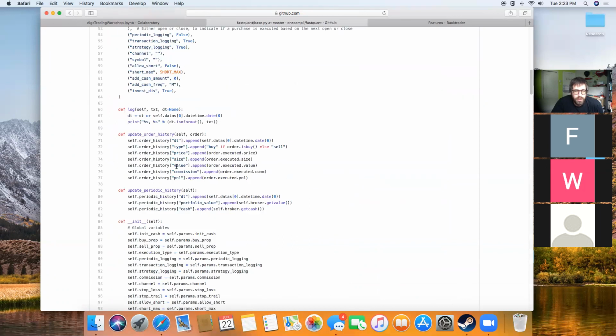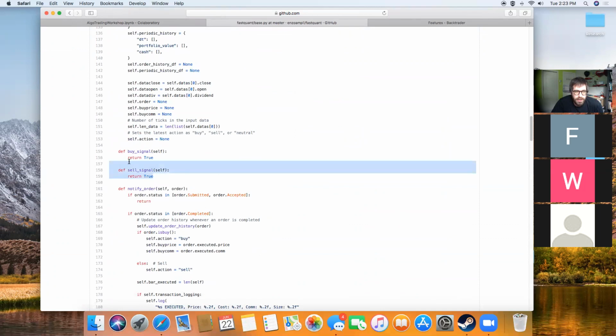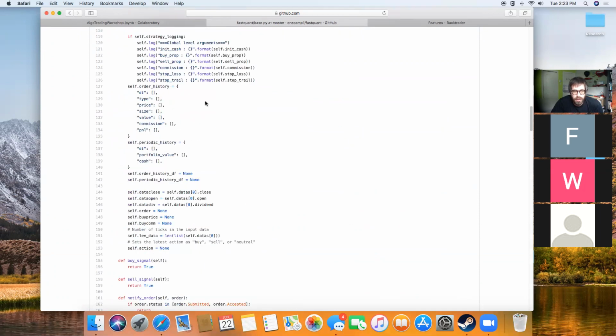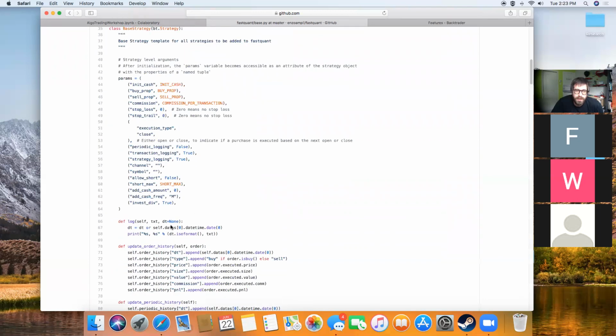The only thing you need to care about is two functions, which is buy signal and sell signal. So you inherit from this base strategy, and you need to define these two functions because by default they return true. So when do you buy and when do you sell? And this is really how you would build your own strategy as custom.